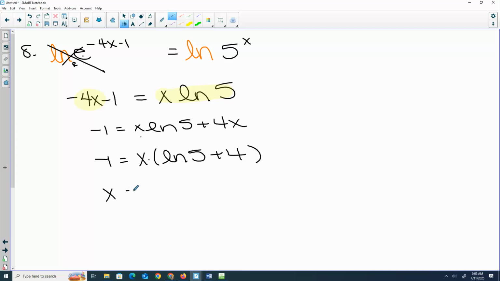The opposite of multiplying is dividing. So we have negative 1 over the natural log of 5 plus 4. Again, if you're doing calculator, you have to close the parenthesis after the log, and you need the entire denominator in parentheses, or you need to use that fraction feature. And this gives us a negative 0.178.